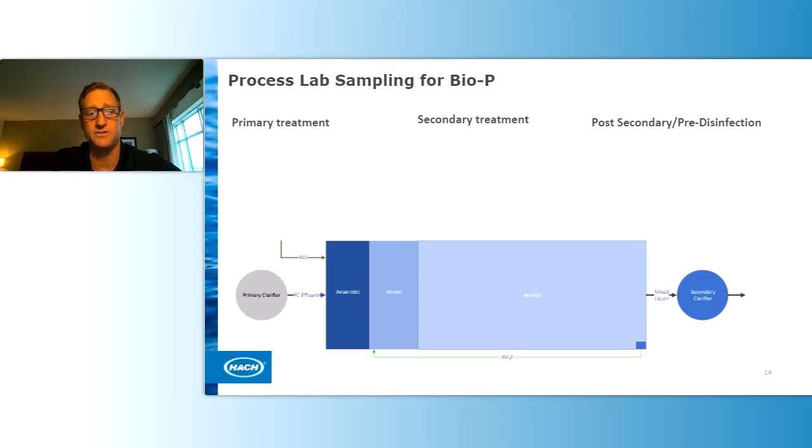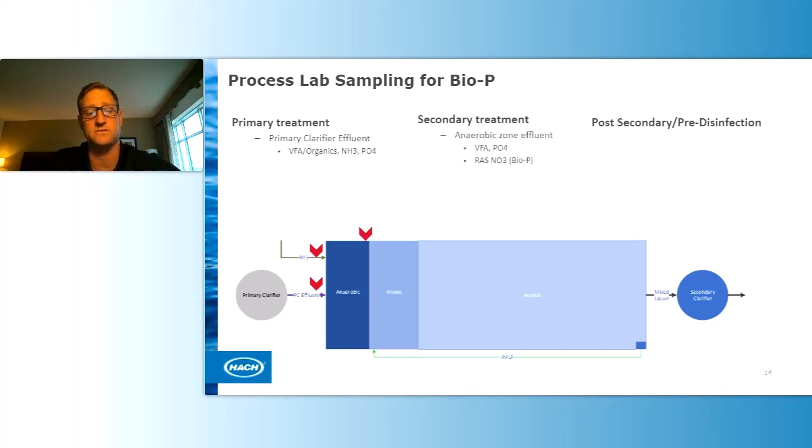With primary treatment, there are some things we can test for. We can do lab testing and grab samples, filtering samples on site at the treatment process, to get a snapshot of what our volatile fatty acids look like coming into our anaerobic zone, and to understand the phosphorus levels.